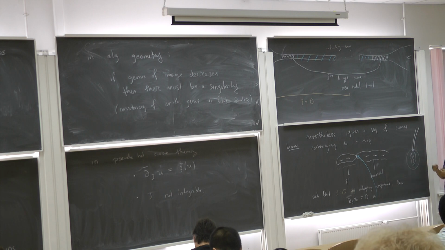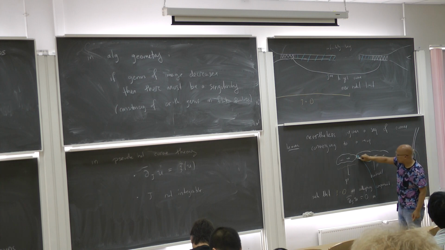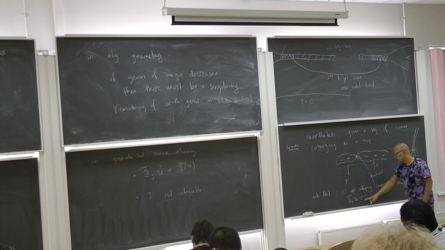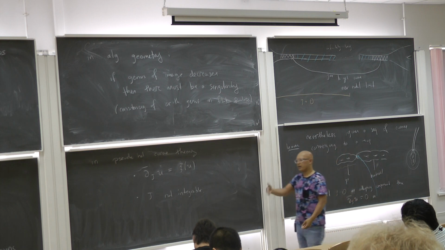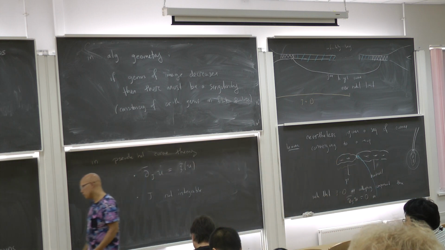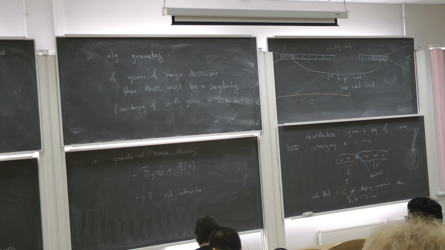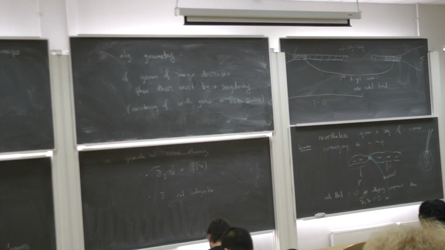Because if it was just 1, what you would wind up with is a higher genus curve which you could then project to a disk, and if you do that, the degree had better be more than 1. But since this is more than 1, then on this side it means you have to go more than once around here, which means that the leading order term in this sort of Fourier expansion has to be 0. You have to get to the next term. So that's some idea of why that's true.